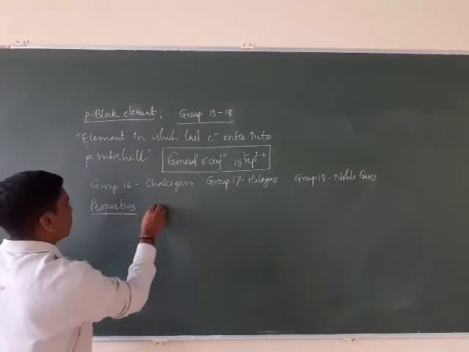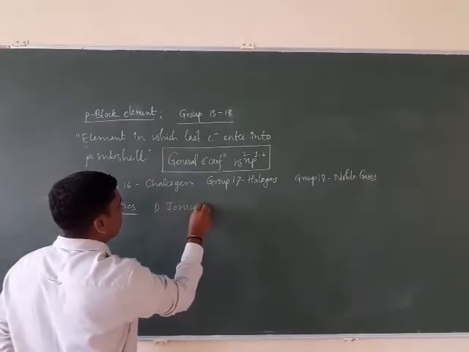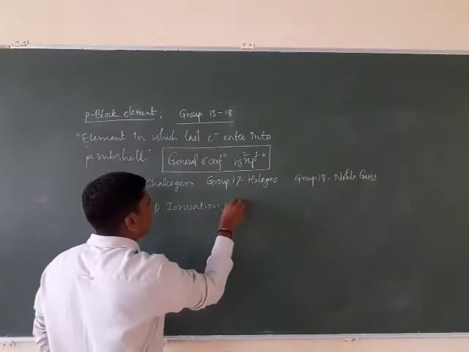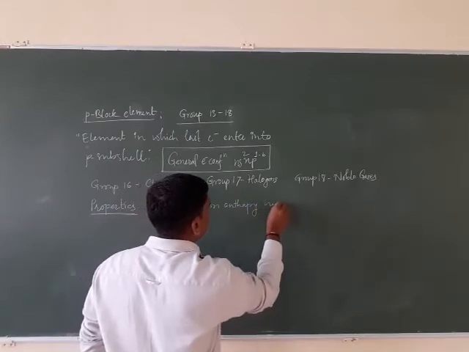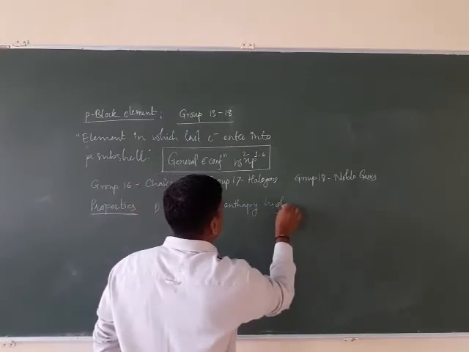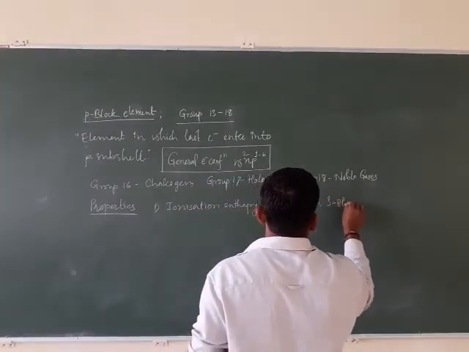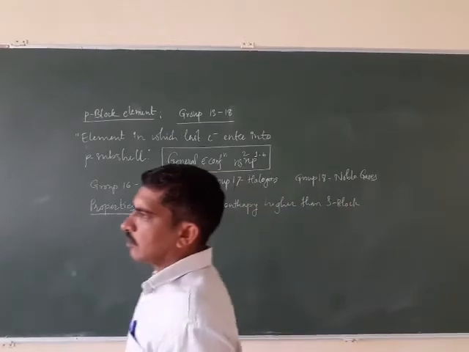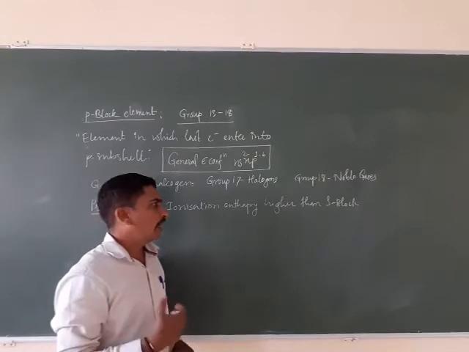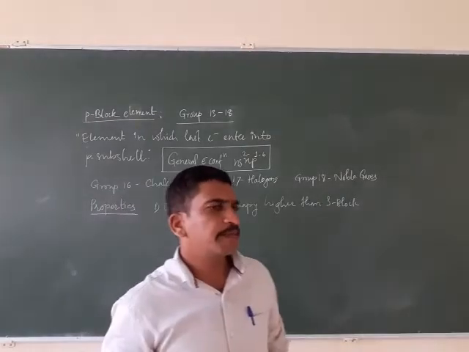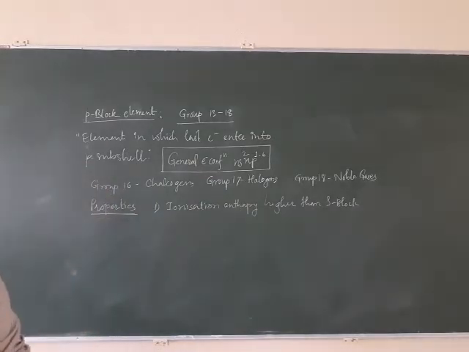The first one is ionization enthalpy. Ionization enthalpy is higher than S-block. Ionization enthalpy is the energy required to remove an electron from an isolated gaseous state atom. It is higher than that of S-block elements.